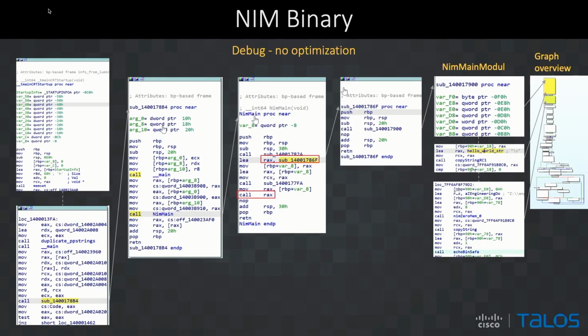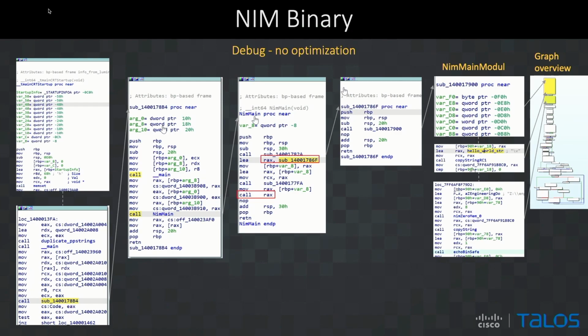Okay, so let's look a little bit deeper into the initialization routines Nim is using, and no worries, I'm not digging into every initialization routine. Especially for the last rows here in the room, don't worry if you can't read these screenshots.